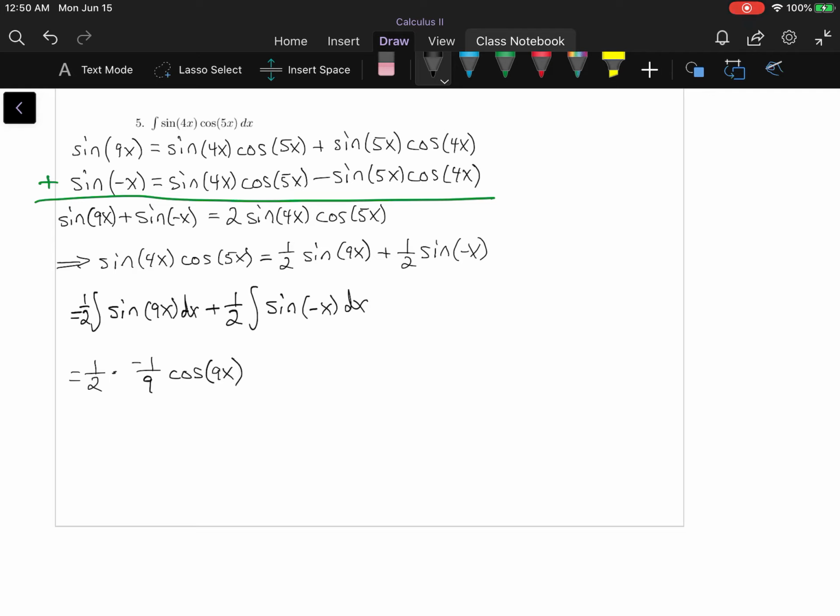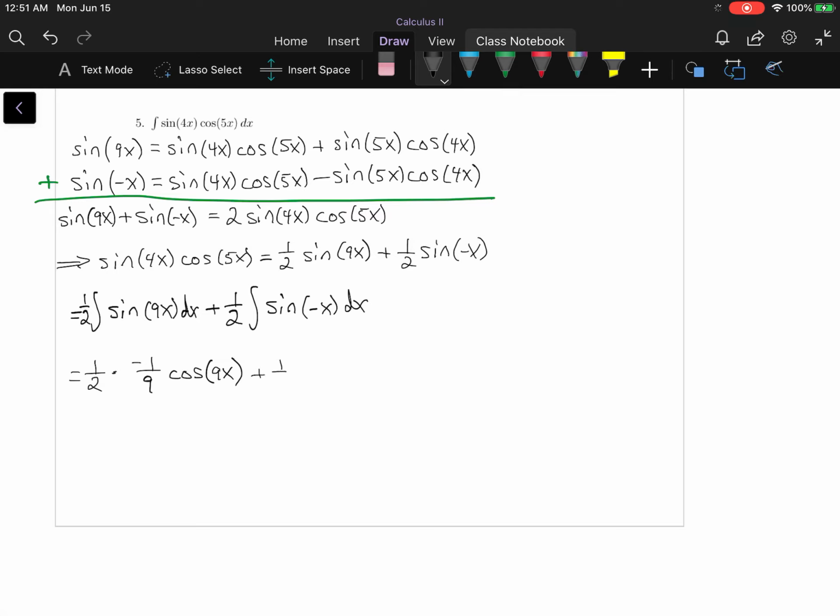If you're not sure where that came from, you could always use u substitution by letting u be 9x. But what I recognize is that the integral of sine is negative cosine, so that's where my negative and my cosine came from. The 9x, in order to account for that 9, I need to divide by it too. So this way, the derivative of this term, negative 1/9 cosine 9x, is going to give me back sine of 9x.